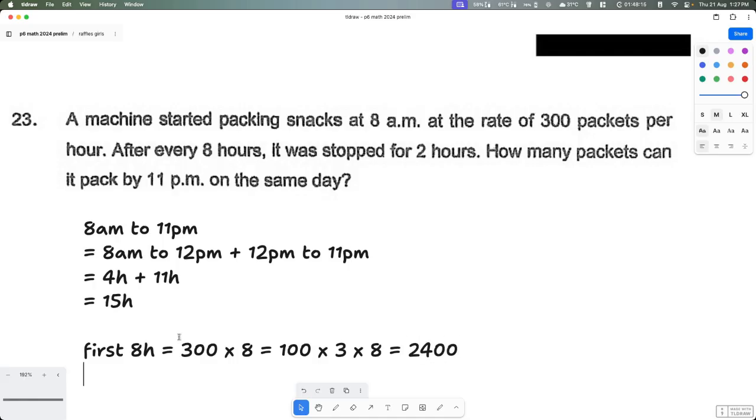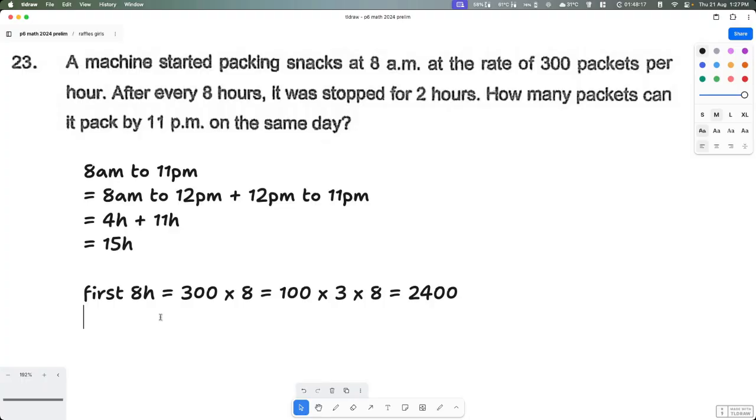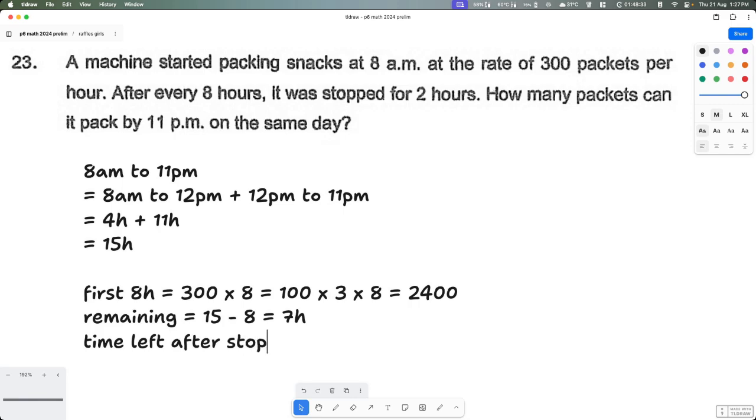Okay, then that means the remaining is equal to 15 minus 8, which is 7 hours. Then after the stop of 2 hours, the time left is 7 minus 2, which equals 5 hours.